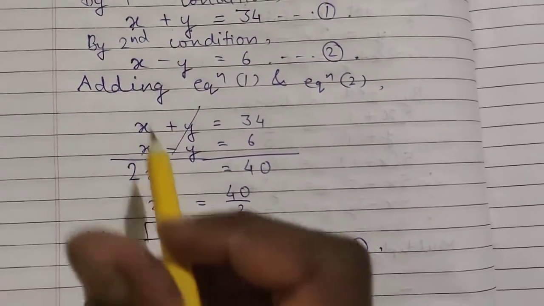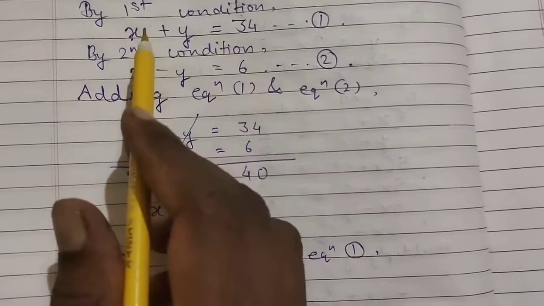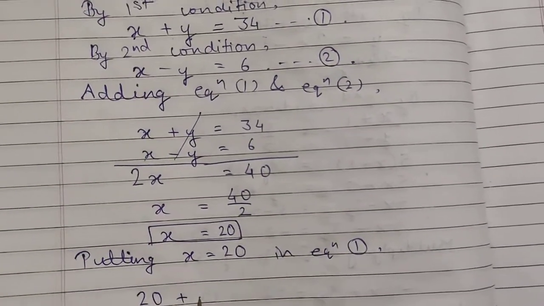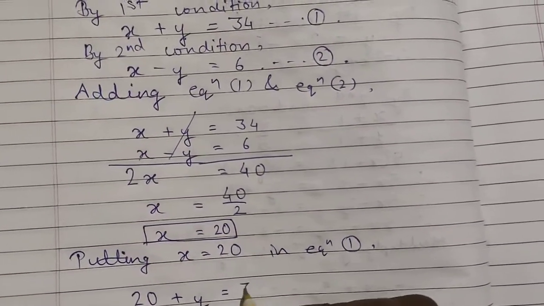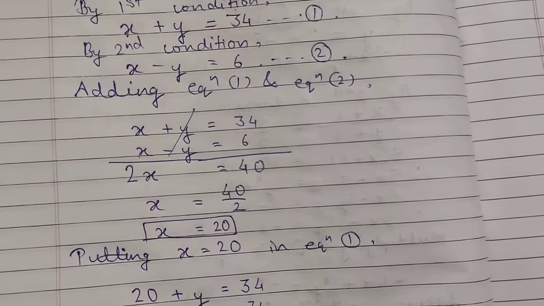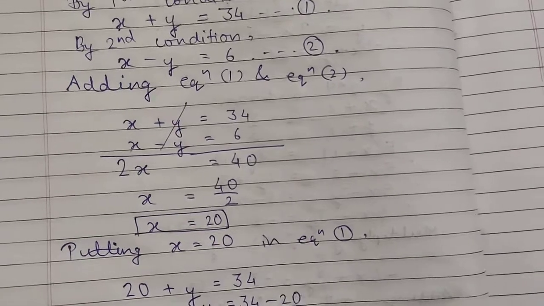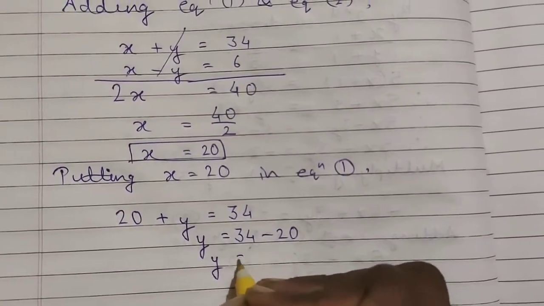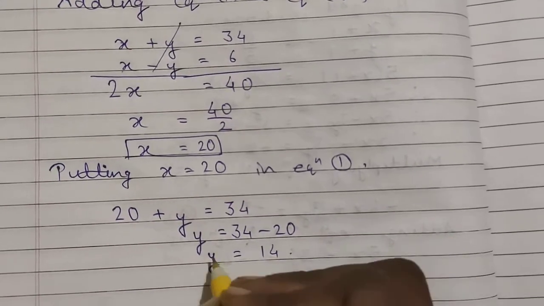So what is your equation number 1? X plus y equals 34. Replace x by 20. So you will get 20 plus y equals 34. Now transfer this 20 to right hand side so that it becomes 34 minus 20. And if you do 34 minus 20, you will get 14.